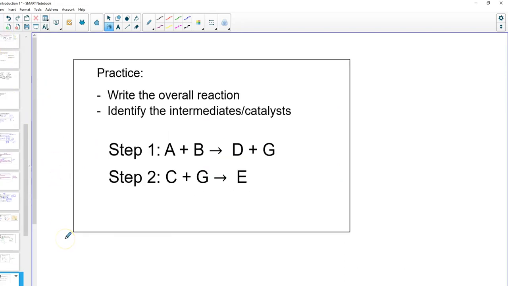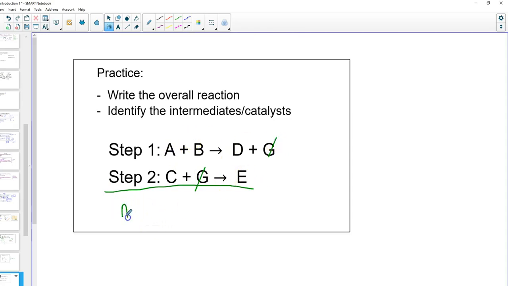All right. Take a moment. Pause the video. Try it. Rate the reaction, identify intermediates, identify any catalysts. Okay, first things first, I'm going to go with my normal fast way of doing things. So A, cancel things out, so G is canceled out here, and everything else looks pretty good.